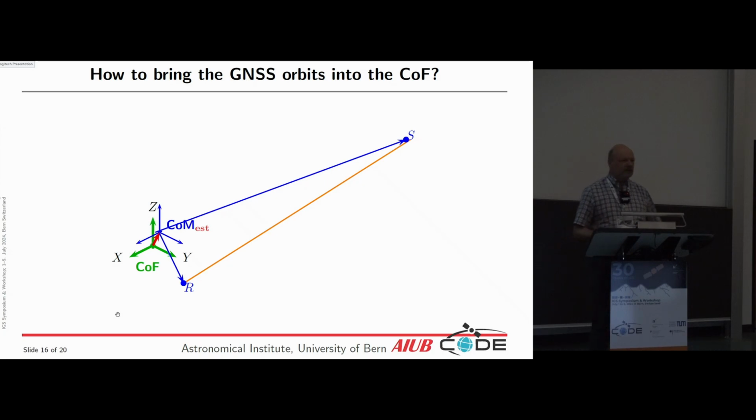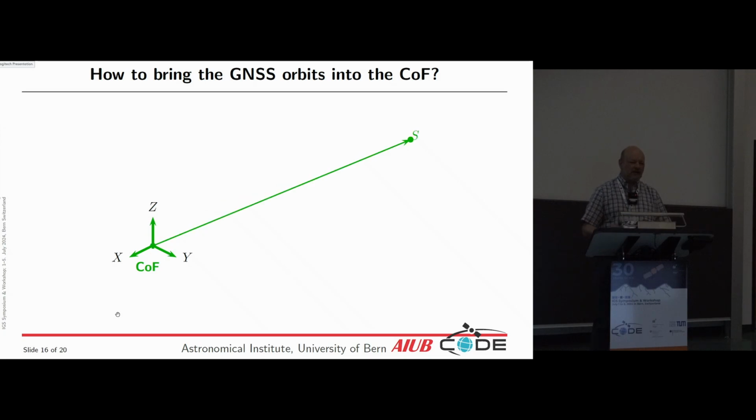So what we can do now with this estimated geocenter vector, we can just take it. We have all the satellites and the stations now relative to this estimated center of mass.